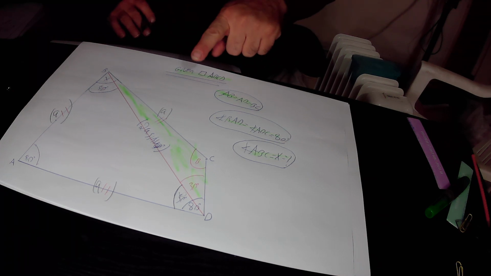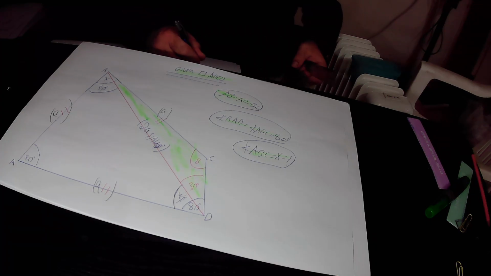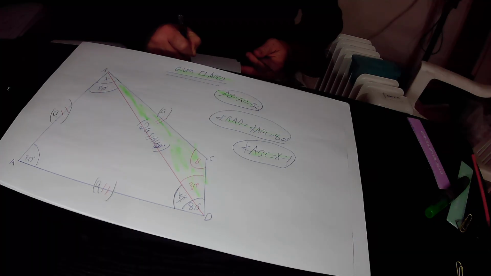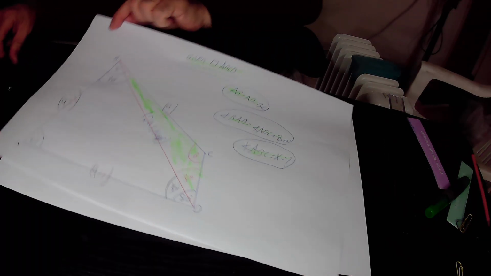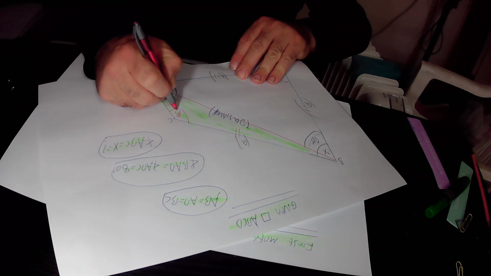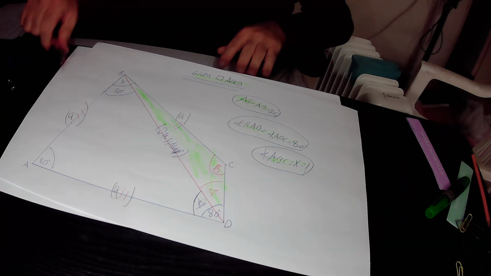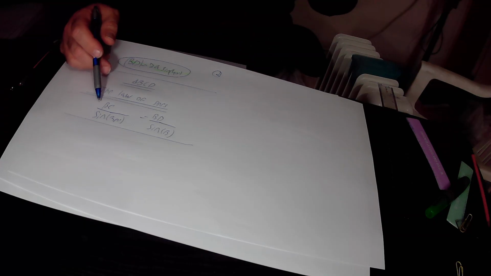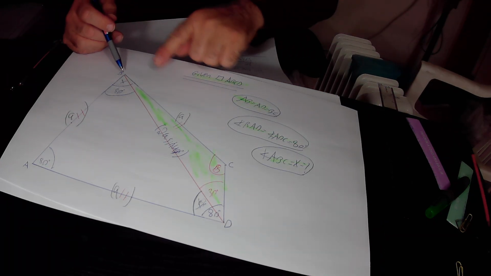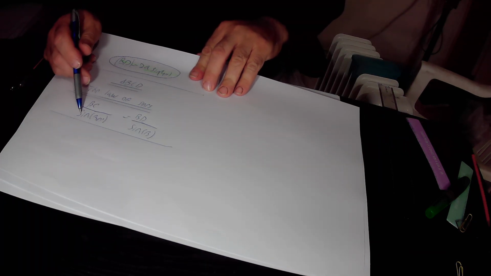According to the law of sines, in this upper green triangle BCD, BC over sine 30 degrees equals BD over sine beta.